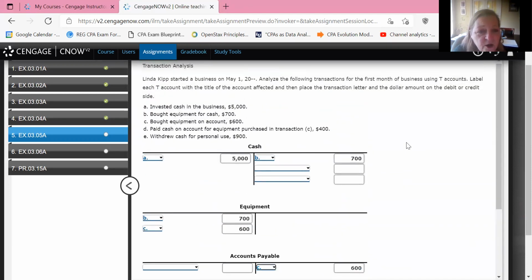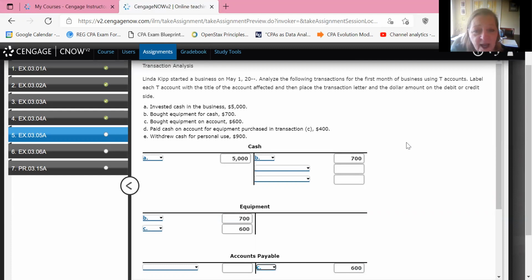Then transaction D, we pay cash on account for equipment that we purchased in transaction C for $400. Okay, so we pay cash on account for equipment. Does that mean we should record equipment again? No, because we're just paying the balance of something we owed. They just mentioned the purchase of the equipment to remind us that we already recorded it.